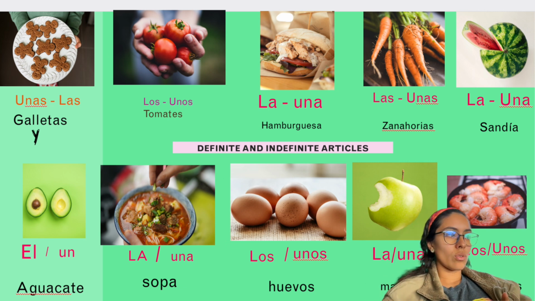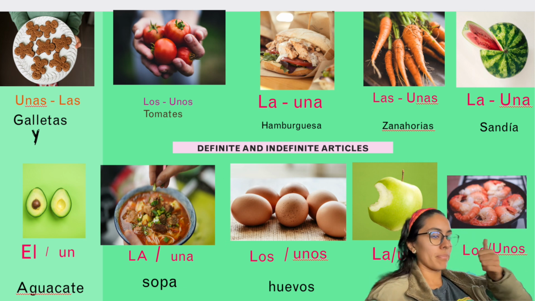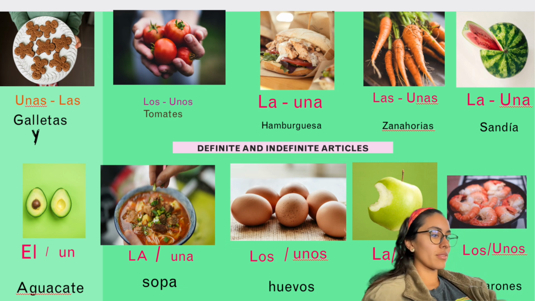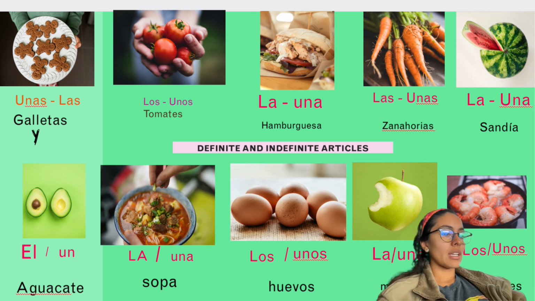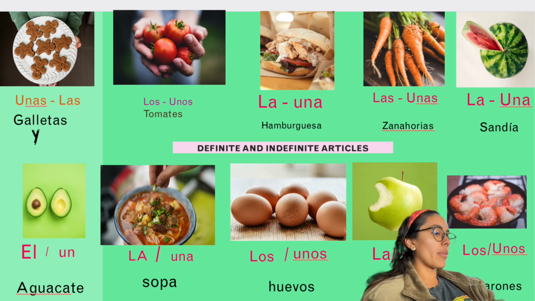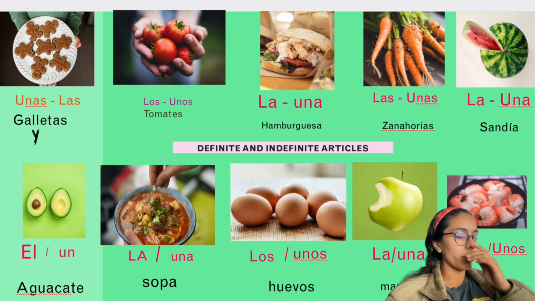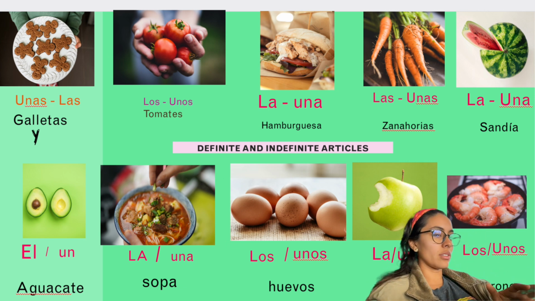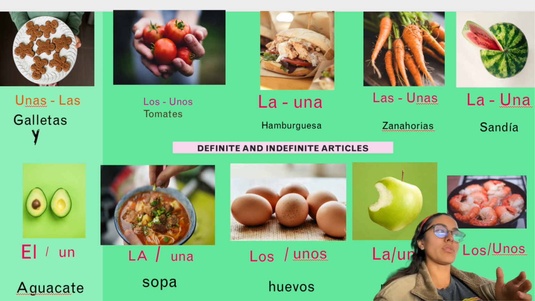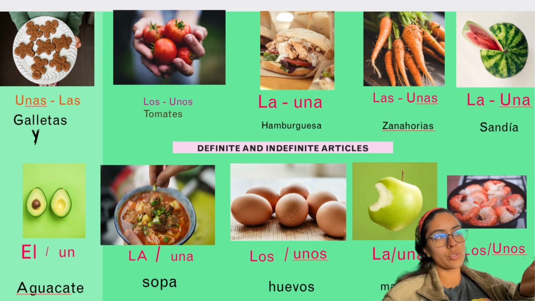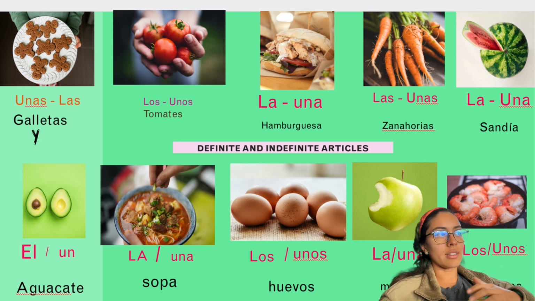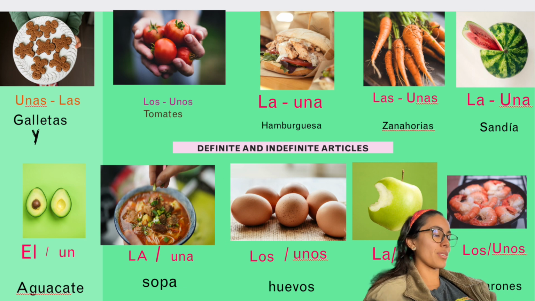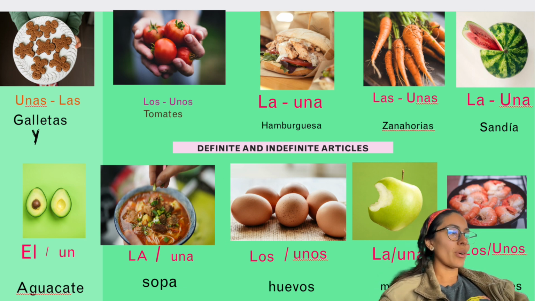Unos huevos. Good. Camarones is tricky for everyone. I understand. It's okay if you say camarones eventually. Let's practice camarones. You don't roll the R. That's pretty much what I wanted to say.